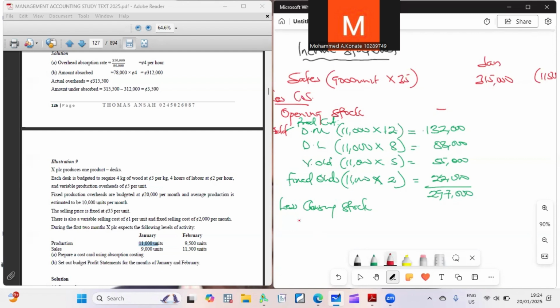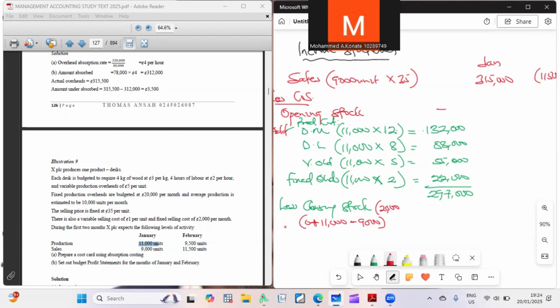You will need the opening stock, which is 0 in our case, plus the production units. How many production was done? 11,000. Minus the sales unit. So obviously, if you produce 11,000 and you sold 9,000 without having any opening stock, the balance that you have for your closing stock will be 2,000.